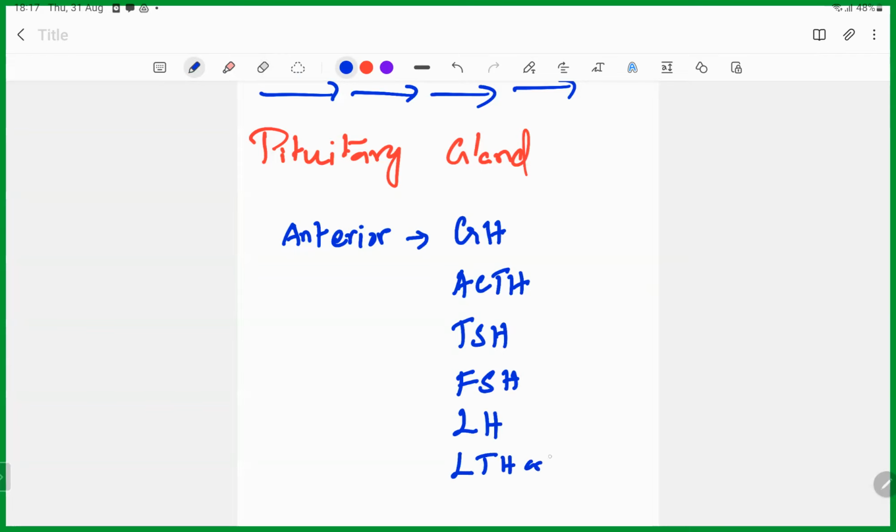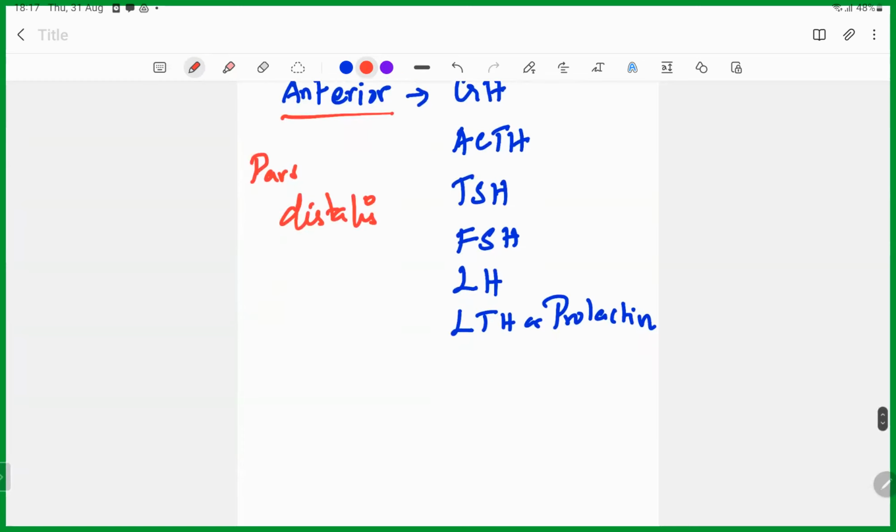Next is LTH, or you can say prolactin. It is also called what? Prolactin. So how many hormones? 1, 2, 3, 4, 5, 6. Okay, 6 hormones. All these 6 hormones are produced by the region of the anterior pituitary called pars distalis.